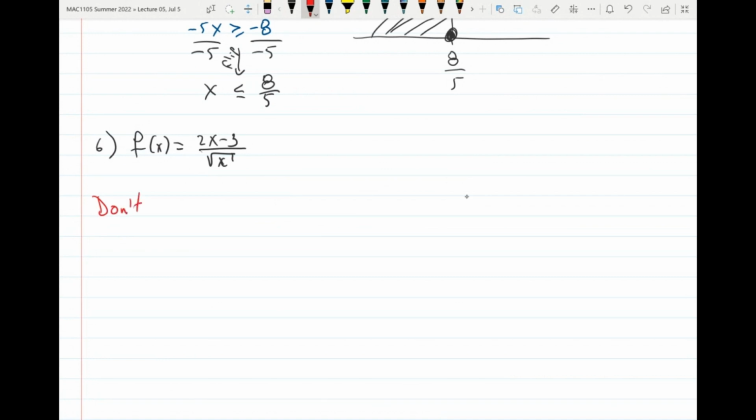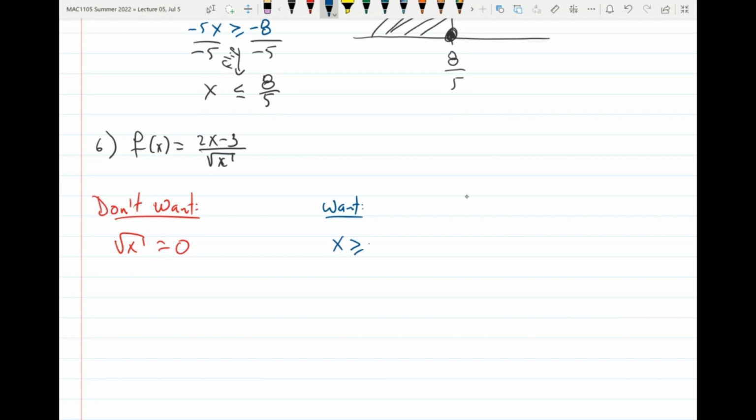So here I'm going to have my two lists: my don't-want list, the stuff that I don't want, and my want list. And then we put it together. What is it that we don't want in here? Well, I don't want that denominator to be zero. Is there anything else that I should worry about? Okay, x cannot be negative, but that goes in the want list, because what do I want?